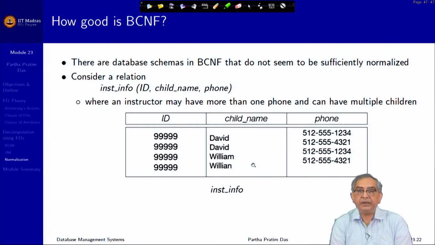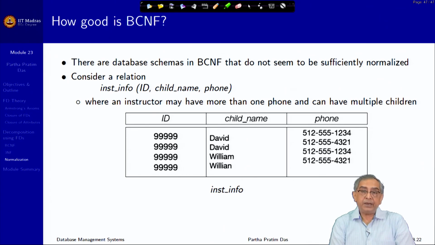Some of the other aspects of BCNF: let us say there is a database schema. As a database normalization, BCNF is a very strong normalization, but yet it is not sufficiently normalized.